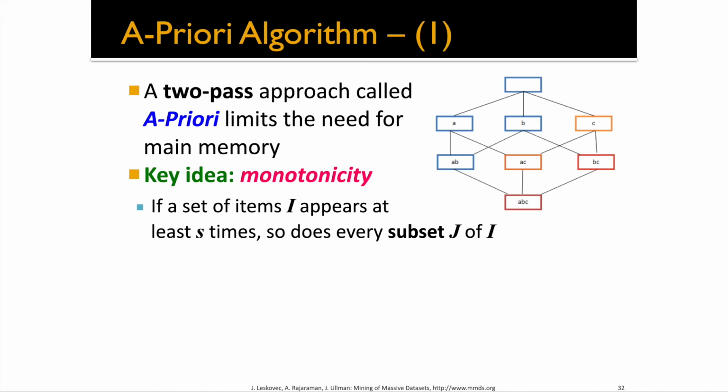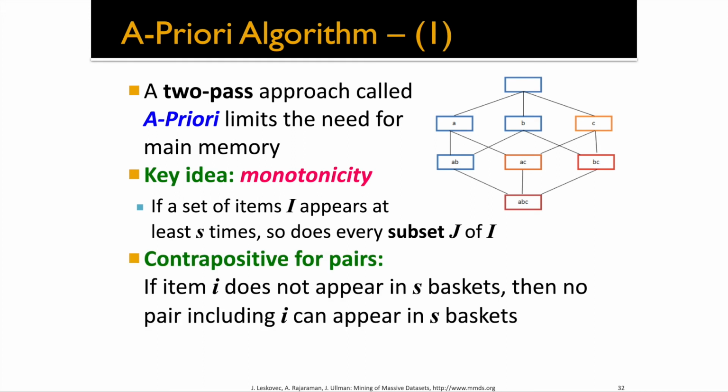The way we do this is we take advantage of the phenomenon we showed earlier. We now formalize it with this label of monotonicity: if an item set I appears at least S times, so does every subset of I. If we flip this, that means if any subset of this item set does not appear in S baskets, then no set containing it can appear in S baskets.